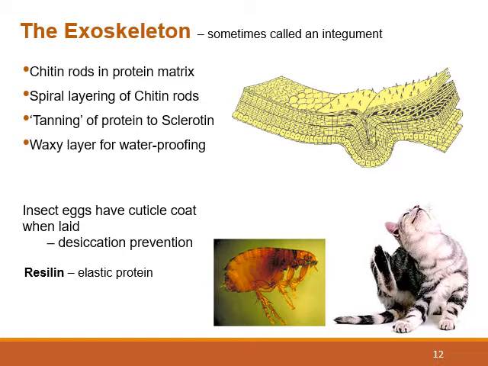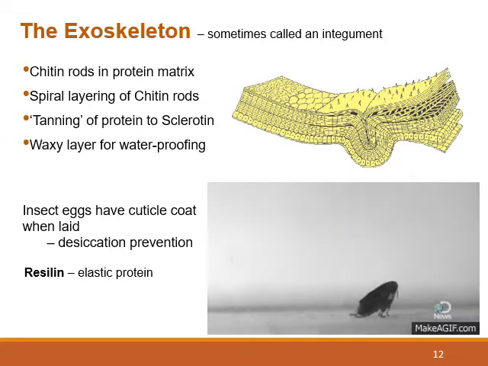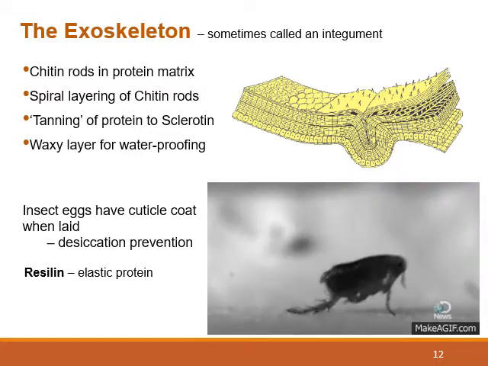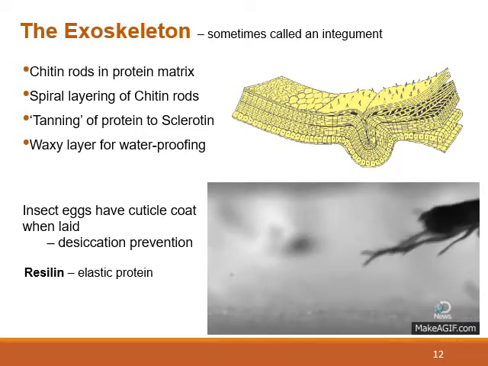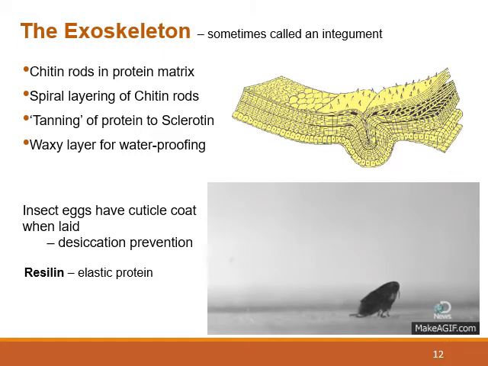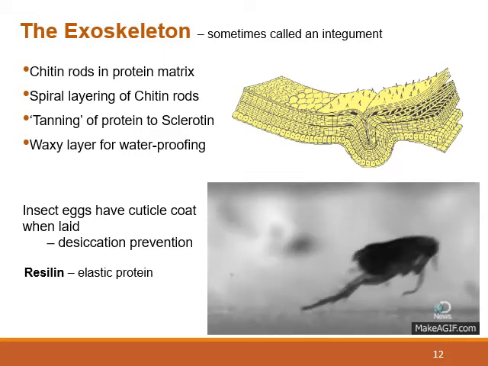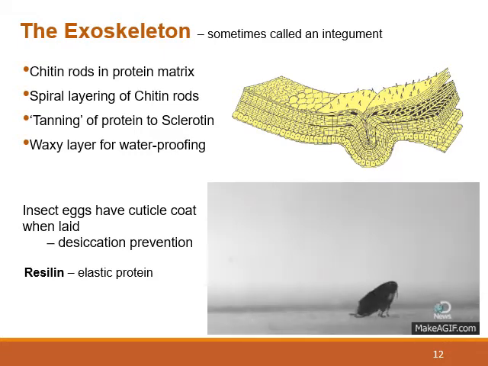So you'll often find blocks of this resilin occurring in the thorax, and they're particularly important in insects in the articulation of their wings, but they're also used in particular insects, for instance fleas, for storing up the energy which they'll use to jump many times their own body length. So they store up this energy in the resilin, and this energy is released as it goes back to its original shape.